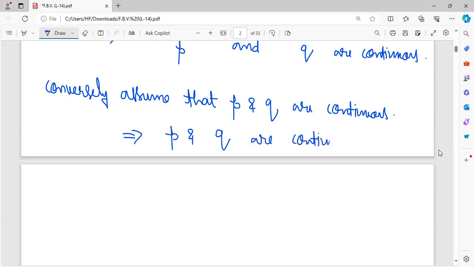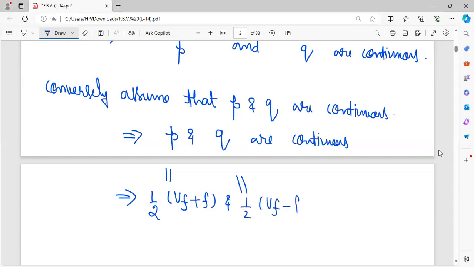But P and Q are of the special form. What are they? P is equal to 1/2 (BF + F) and Q is equal to 1/2 (BF - F), and they are continuous.